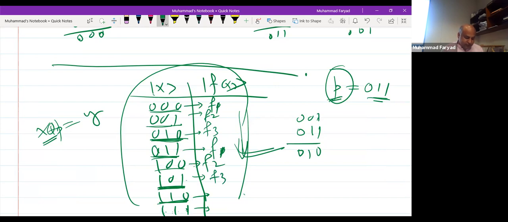So in this case, 011, if I add 011 to this, I don't get this one.